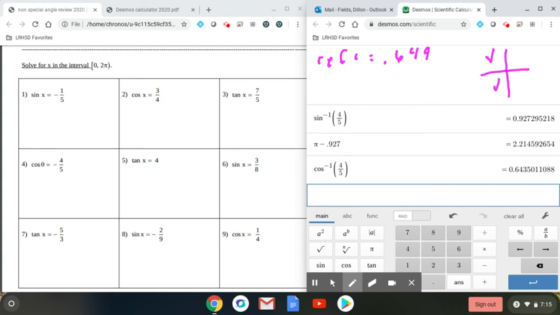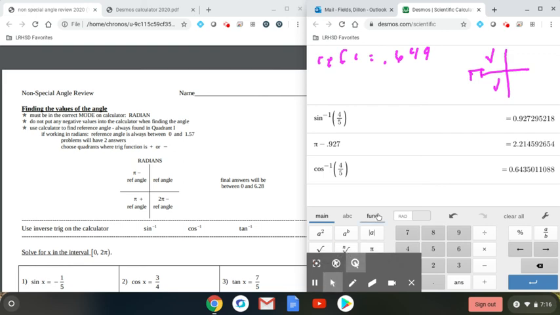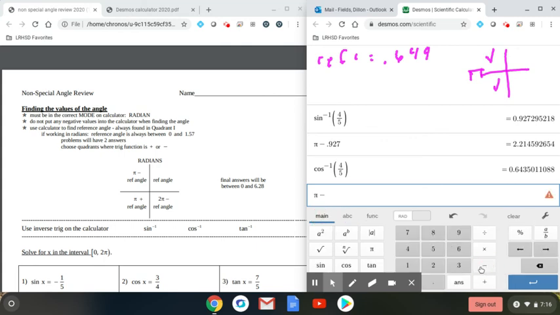So when we're looking at quadrant 2 and quadrant 3 to find our angles, we know our closest x-axis is pi. So to get to quadrant 2, like we talked about before, you're always going to subtract that reference angle from pi. So I'm going to go down here and have pi and subtract from pi my reference angle of 0.644. All right.